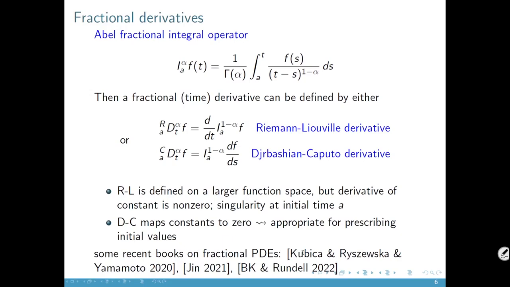Namely, in the context of inverse problems for fractional PDEs, there's a really important name, Masahiro Yamamoto, together with many co-authors, who has written a really nice book with two co-authors, and actually one of them is here at this conference, which is really nice, Katarzyna Rzycewska. I don't know whether she's still here, but I saw her yesterday in the session.